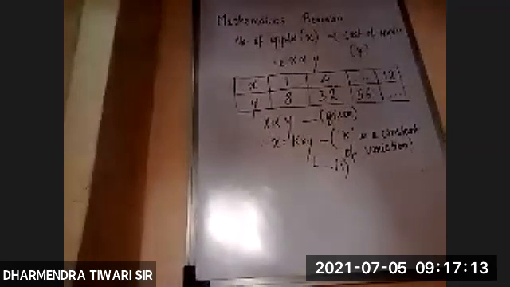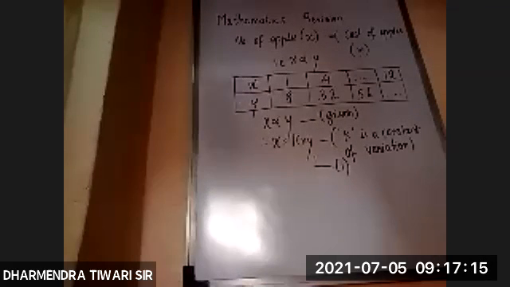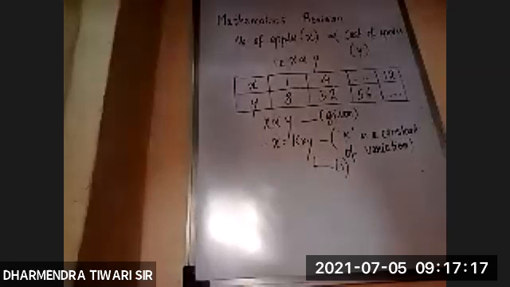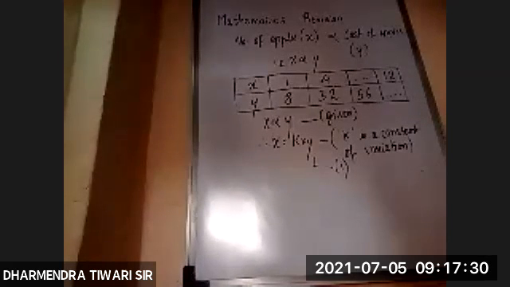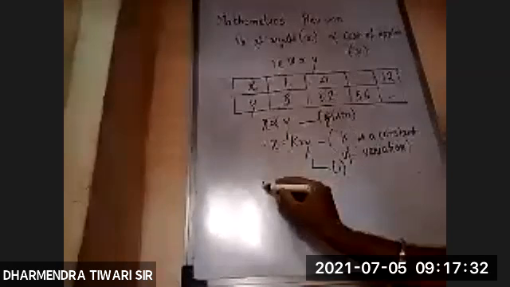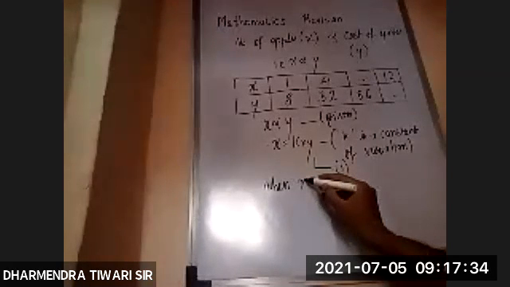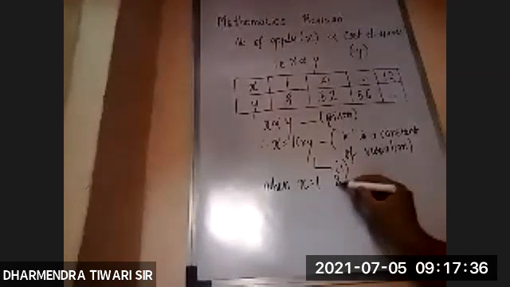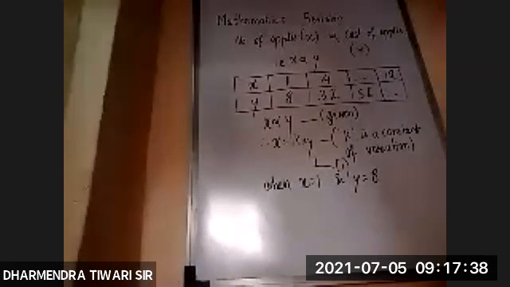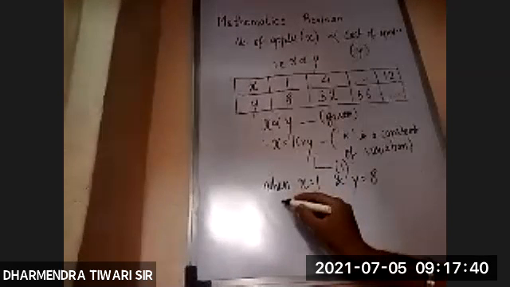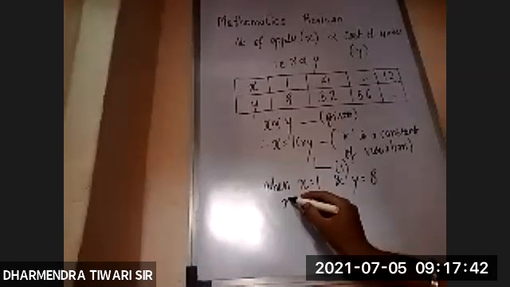Now we will use this to get the value of k. So I can see that the values are smaller than 188. Calculation can be easily done. So when x is equal to 1 and y is equal to 8, x is equal to k into y from equation number 1.